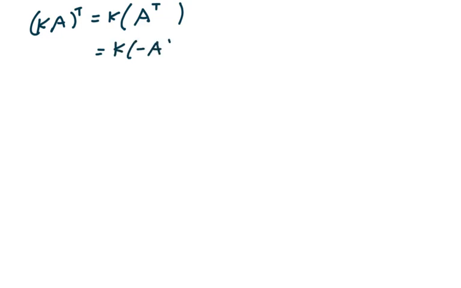Now, let's take the transpose of KA. This is K times the transpose of A. But this is K times negative A. Why? Because A belongs to W. I'm allowed to do that. Now, this one's a little tricky.